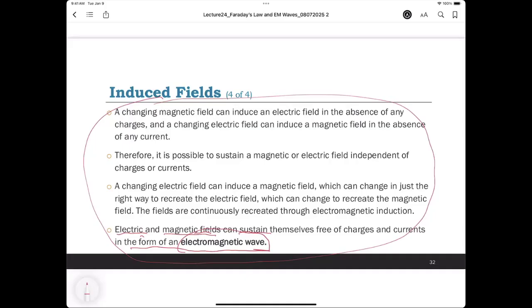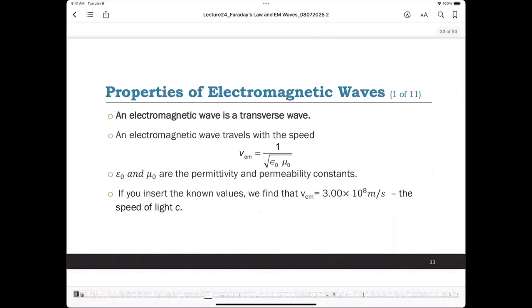Okay, let's continue and talk about the properties of electromagnetic waves. Firstly, an electromagnetic wave is a transverse wave.